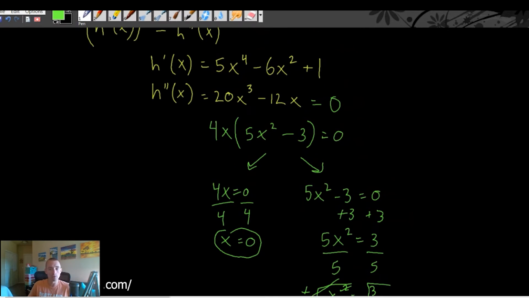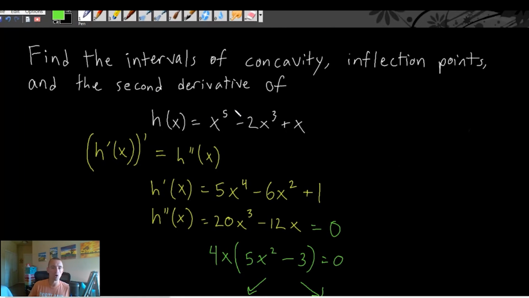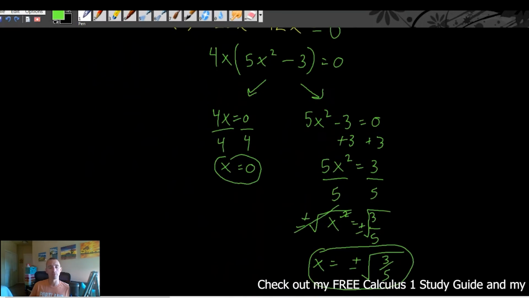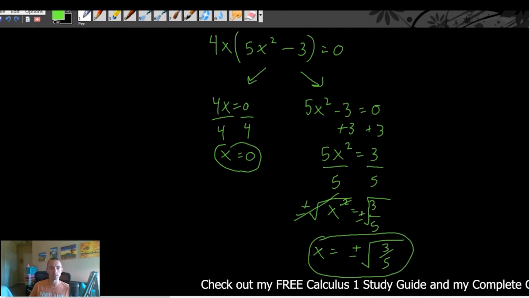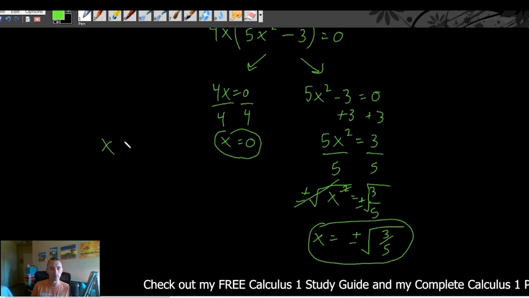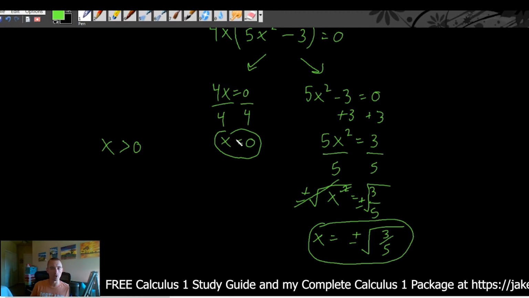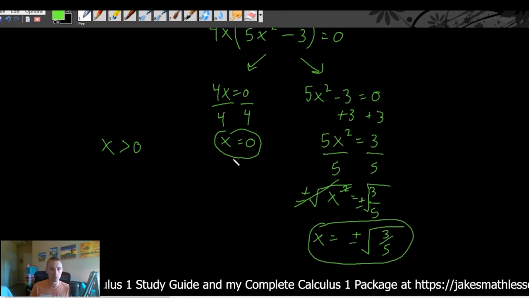We also know that because our original function has a domain of all real numbers. If our domain was limited in some way, if there were some x values that we could not plug into this function, then you would want to be careful of that as well. Let's say, for example, the domain of our function was all x values greater than 0, and we found x equals 0 as a possible inflection point.